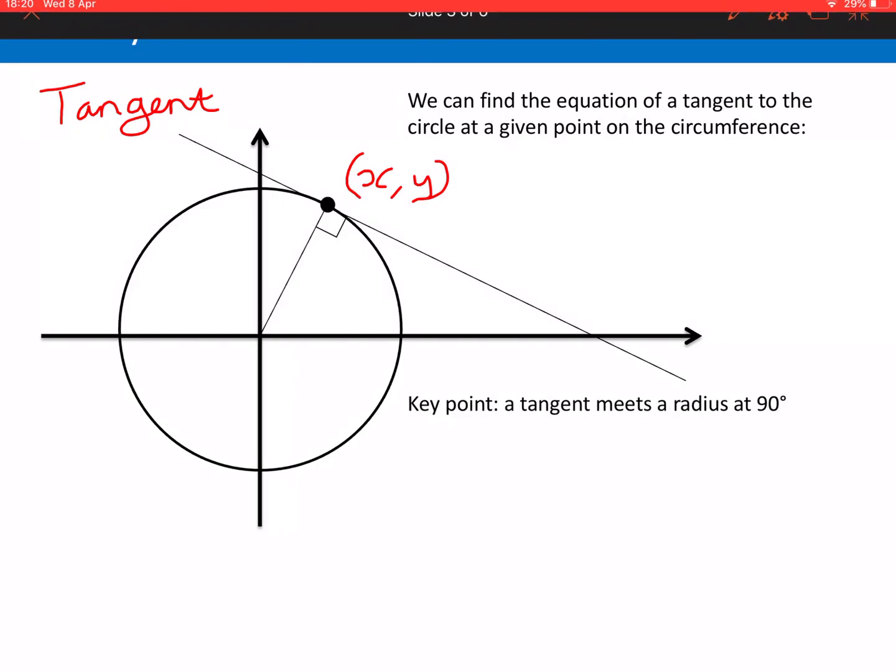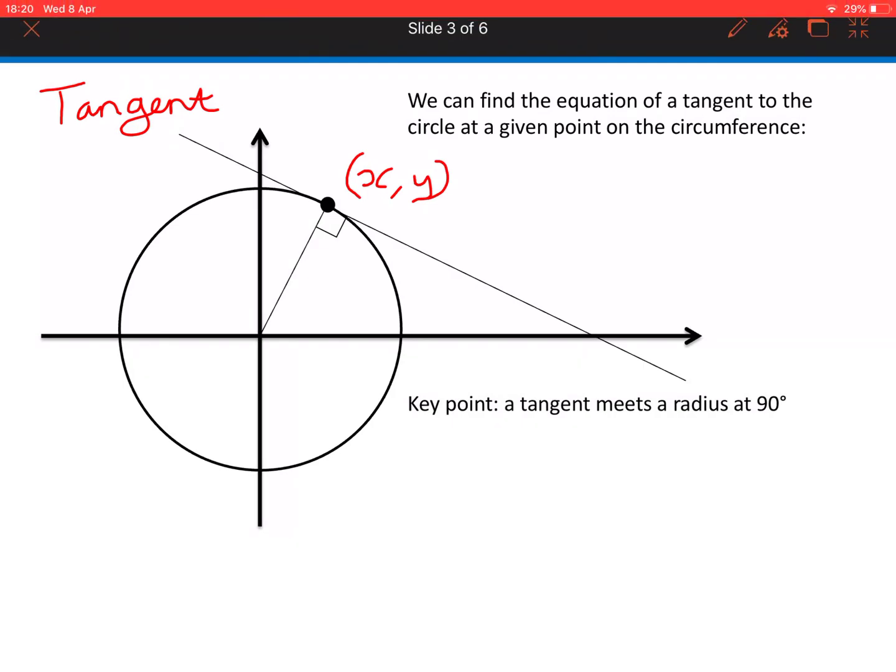So for our radius, we can calculate its gradient, because I've got the coordinates of the point and know the x difference and the y difference between the centre of the circle and the point that we're trying to find the equation of the tangent at.